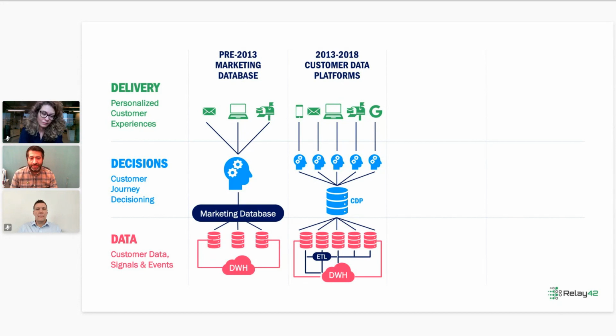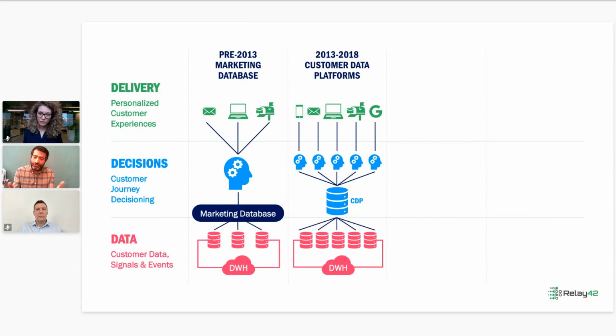And so when CDPs came along, it was with that remit to just focus on the data layer. They were great for that. So the ETL processes go away, and you've got a CDP there that will get rid of all those problems. However, if you notice, we're still outputting segments of data to multiple different channel systems.